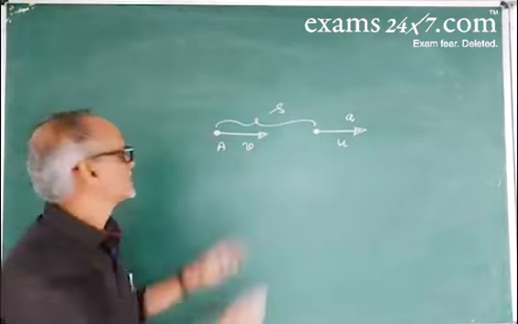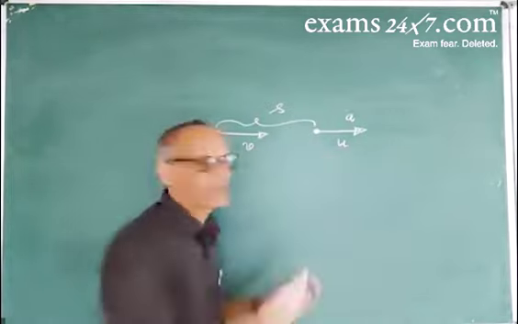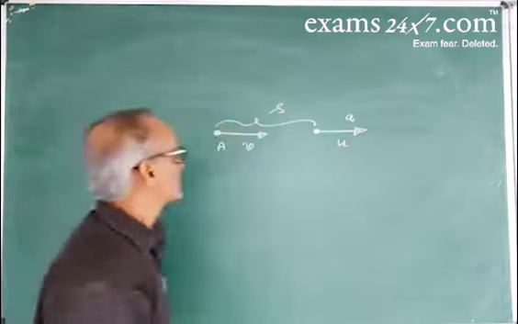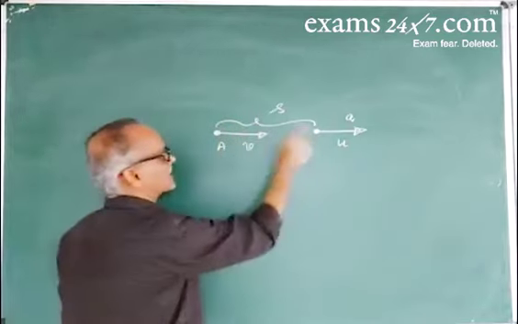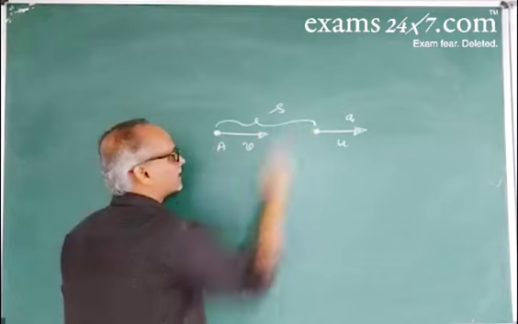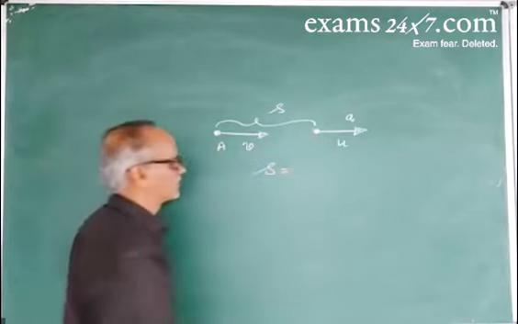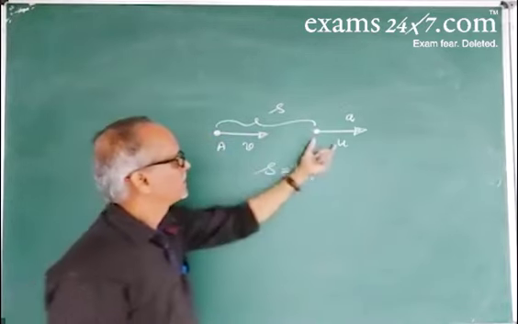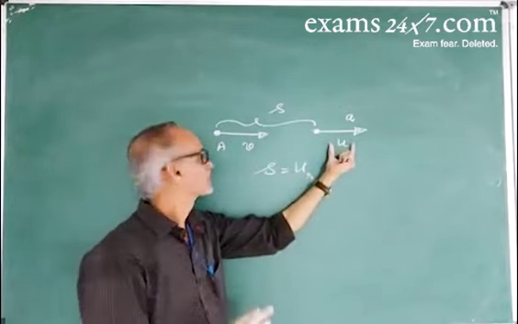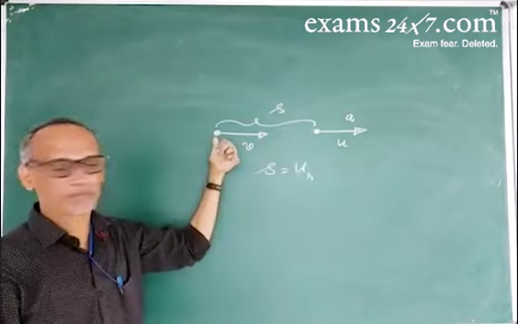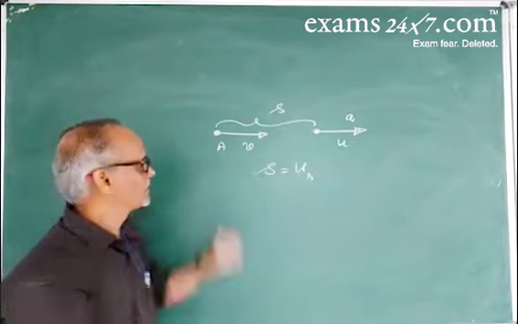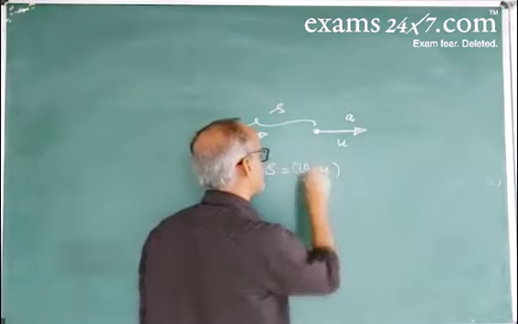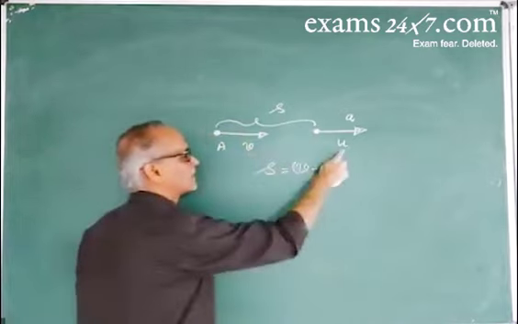One method is to write two independent equations and then try to relate them. The other easy method is, if s is the distance to be covered between A and B, then s is equal to u relative times t plus half a relative t square. Here, I'm going to assume that B starts from rest, and if v is the uniform velocity, then the relative velocity between them is v minus u.